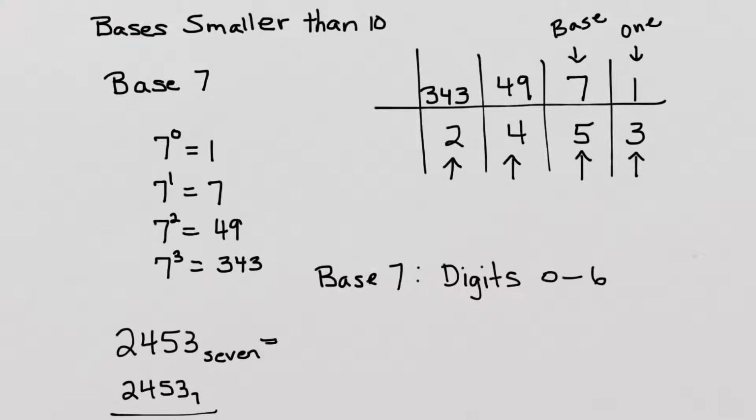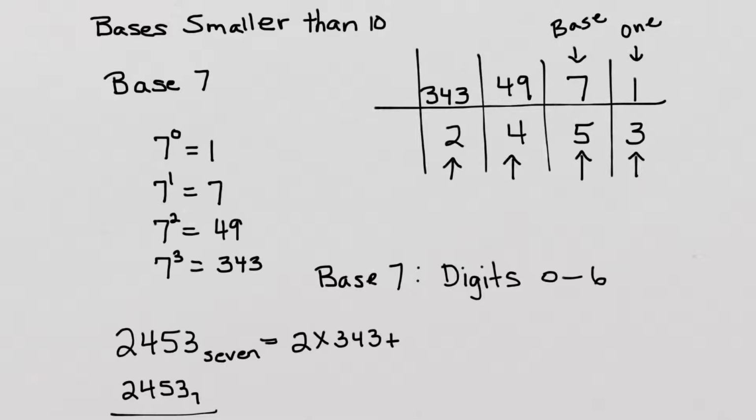All right, so we want to know what this is equal to. Well, now that I've made my place value chart, then I can say, well, that's 2 groups of 343. So the headings of my place value chart I made in base 10 because that's what we're familiar with. So that's how your calculator works, which is really the important part. So those headings are in base 10, even though the number inside the chart is in base 7.